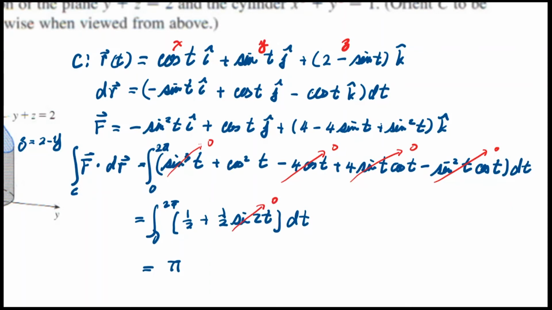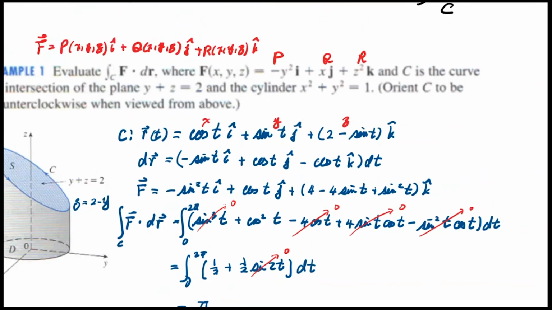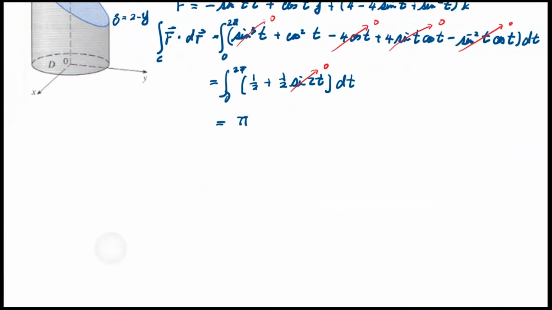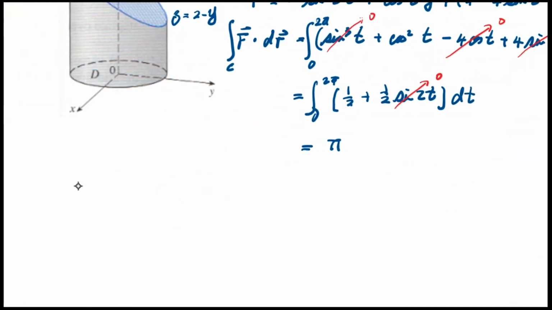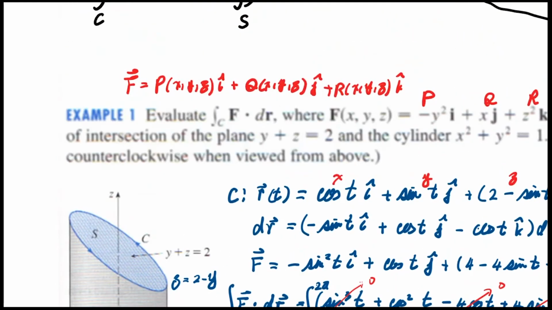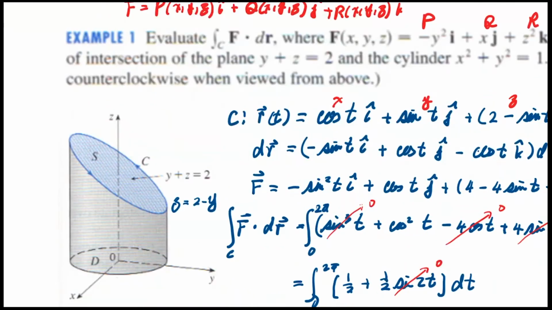Okay. Now, doing it the other way, using cross product, the right-hand side of Stokes' theorem. Let's calculate the curl. And that is i, j, k, partial with x, partial with y, and partial with z. And our f, which was negative y squared, x, and z squared.